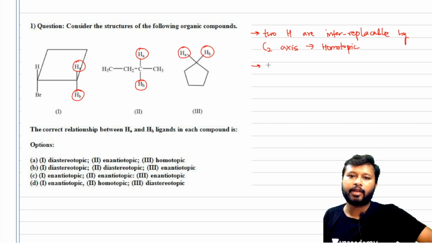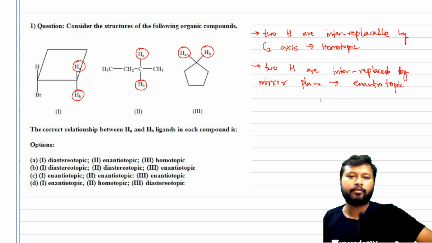Whereas if two hydrogens can be replaced by a mirror plane, or you can apply a mirror plane, in that case they are enantiotopic. And if you cannot do either of these things, in that case it is diastereotopic. So let's look at option C because that is the easiest one.